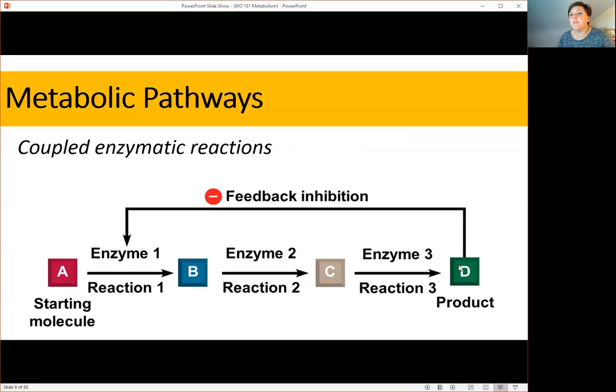And this is when the final product, in this case product D, is actually an inhibitor of the enzyme that converts A to B. So therefore, A is converted to D through a series of steps, but once we get enough of this product, it actually is used to turn off this pathway to prevent any further conversions of A to D.